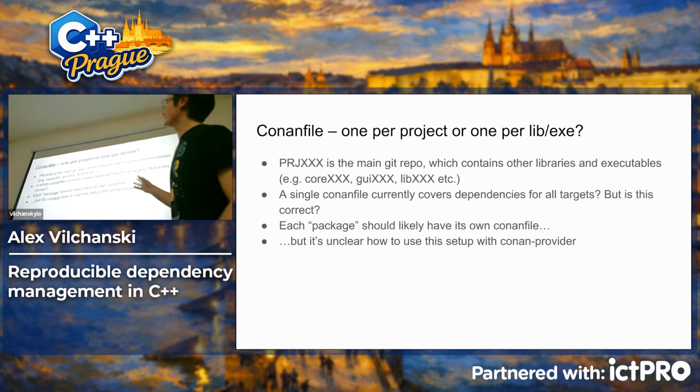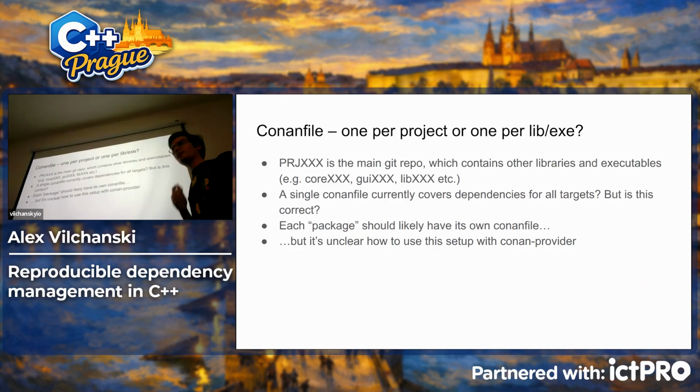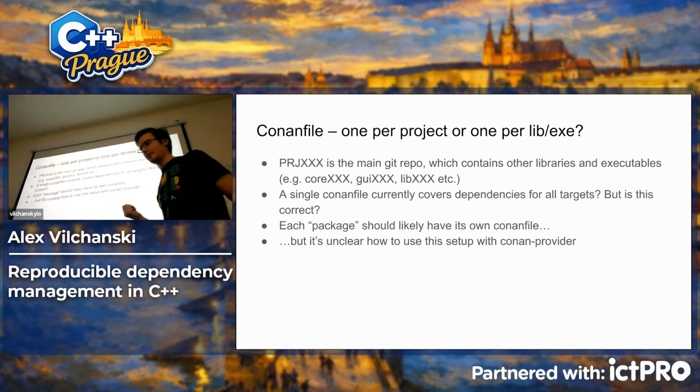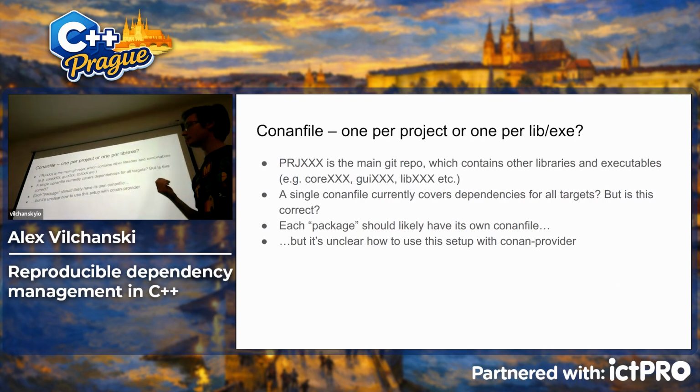Okay, and this slide is probably my question to you, especially to people who use Conan, what you would advise in a situation where currently I have one single big Conan file for the whole project, which defines different, basically independent sub-targets, or let's say it has subfolders, which do their own thing and potentially may have their own dependencies, both external and internal.